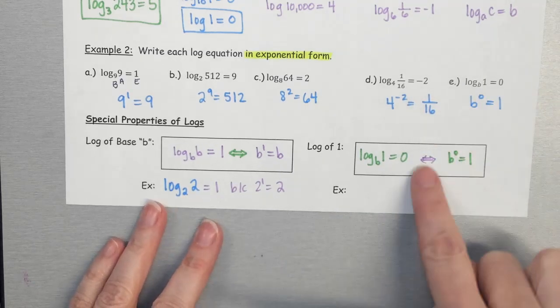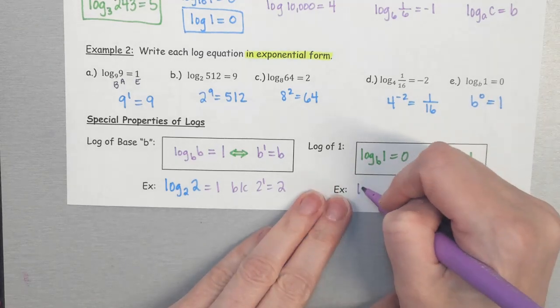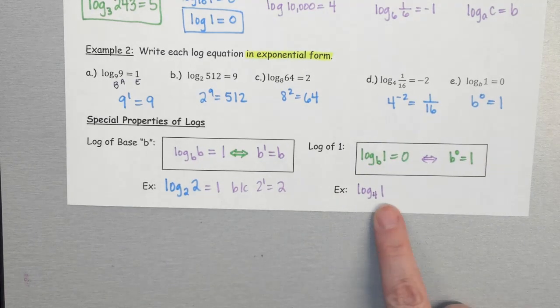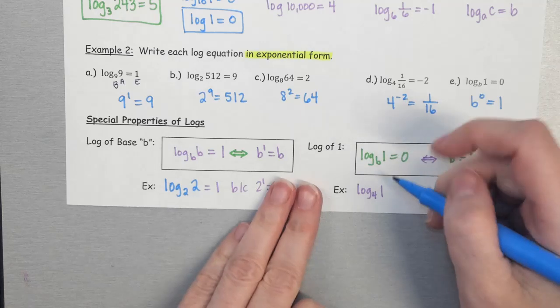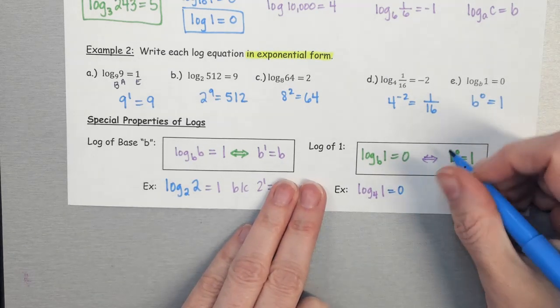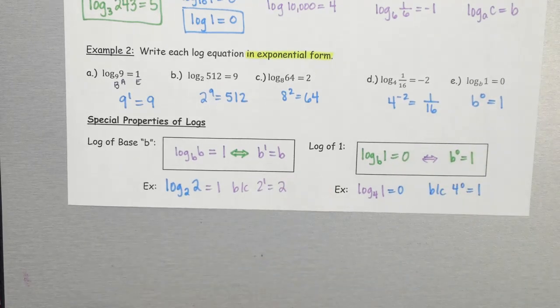Okay, so this is actually the exact same as your part E there. Okay, so if you have log base 4 of 1, doesn't matter what the base is, this is always going to equal 0 if the log is of 1, because anything to the 0 power is going to be equal to 1.